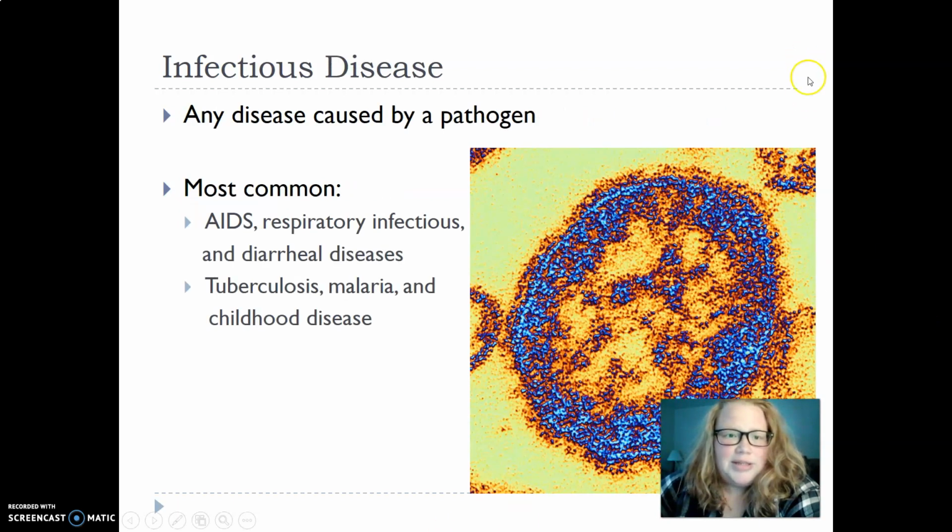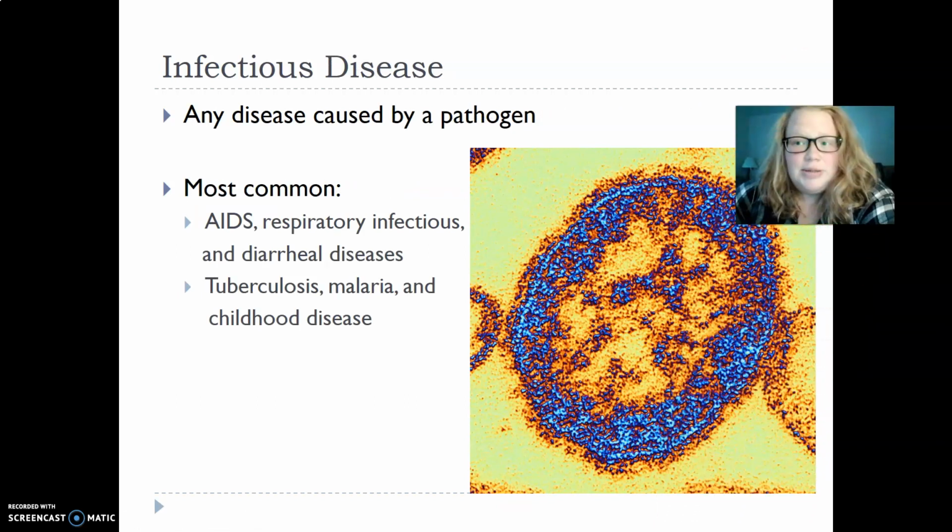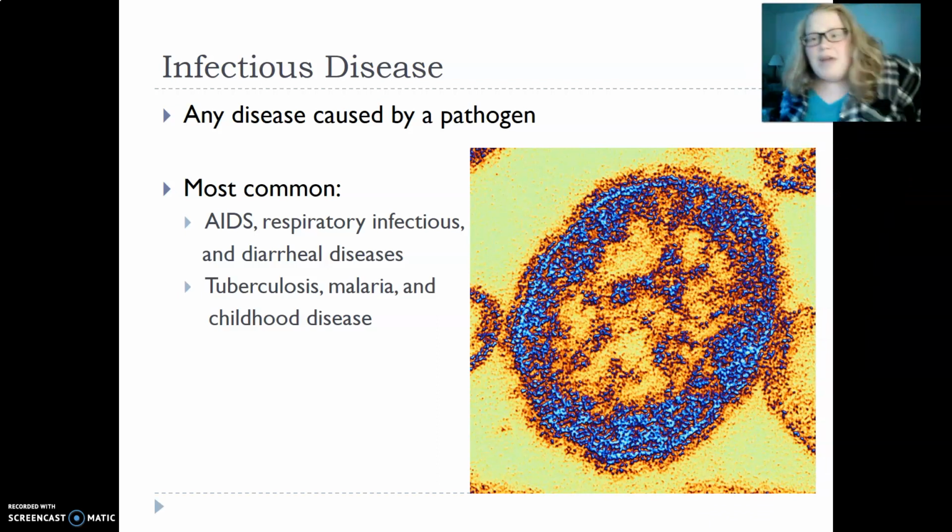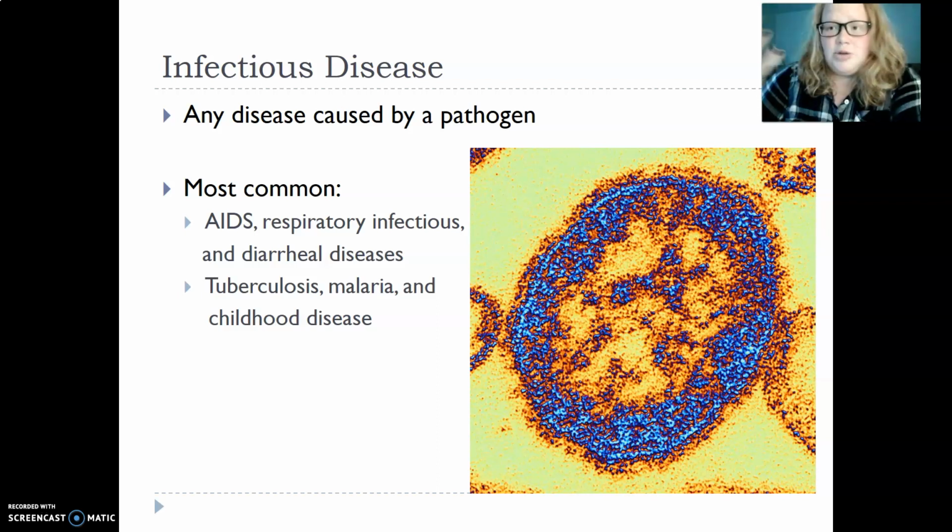So an infectious disease is a disease caused by a pathogen. A pathogen can be a bacteria, but it can also be a virus. It can be a parasite. So it's something that gets into your body and makes an immune response. Most common infectious diseases that we learn about are AIDS, respiratory infections, and diarrheal diseases.